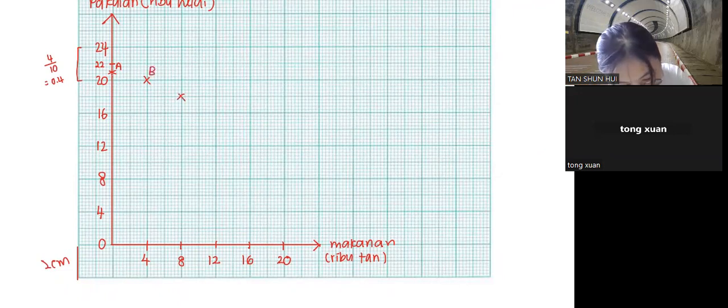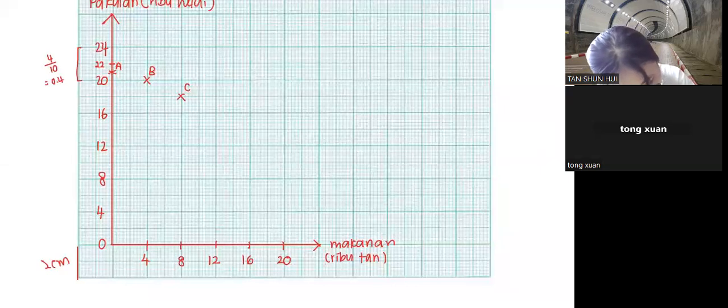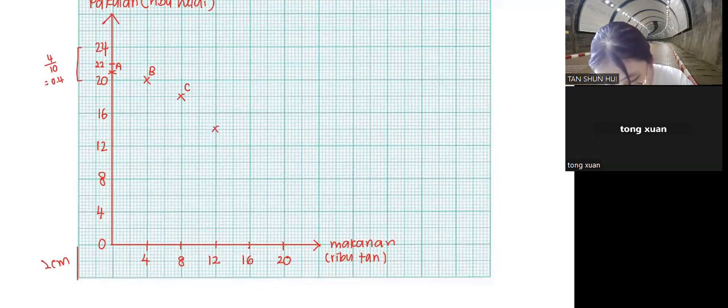So this is B, this is C, and then 12 and 14. 16 and 0. Okay, I plot an extra. So this is D, this is E. All right, after that, try to freehand to connect the points.